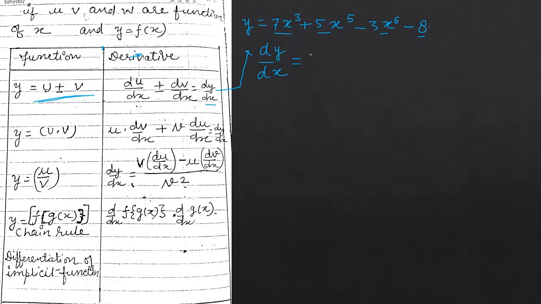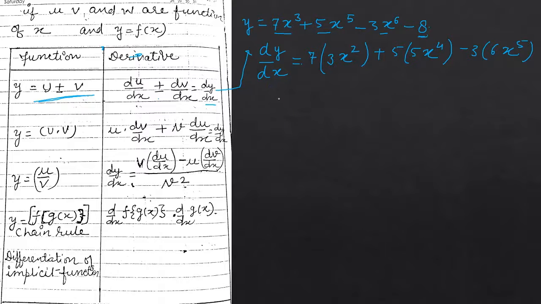So here differentiation of this term will be 7 into 3x raised to 3 minus 1, that is 2, plus 5 into 5x raised to 5 minus 1, that is 4, minus 3 into 6 x raised to 5, and differentiation of a constant will be 0, right?